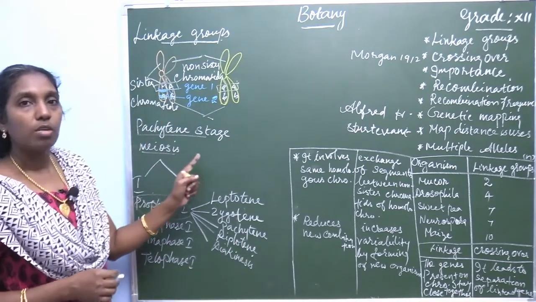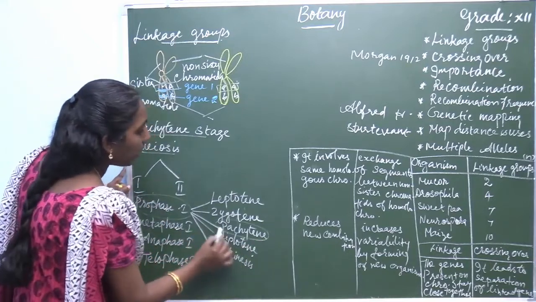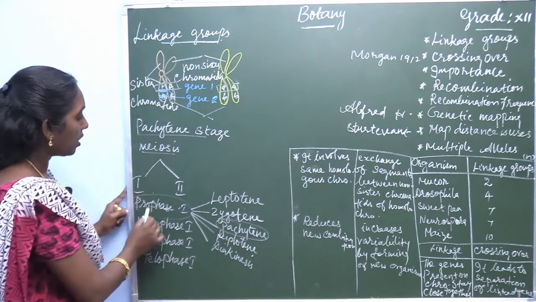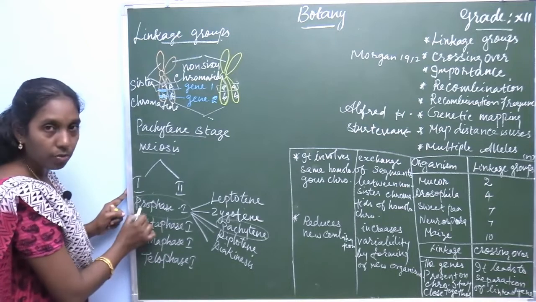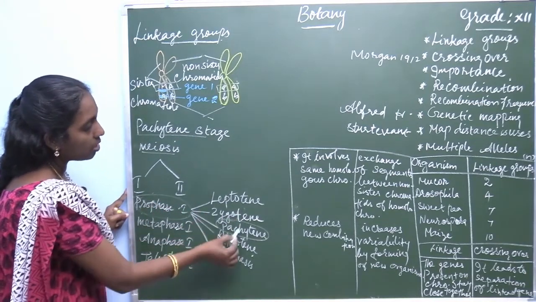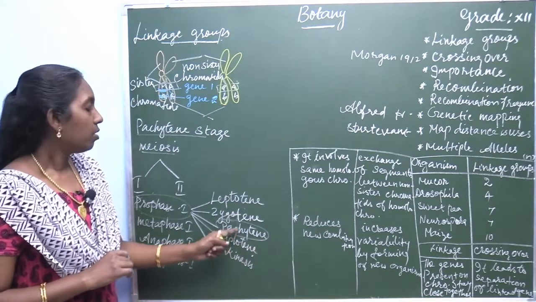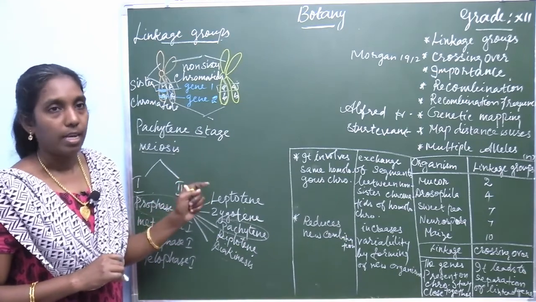Crossing over takes place in the Pachytene stage of meiosis 1. This stage comes under prophase 1 of meiosis 1. During this stage, the process of crossing over takes place.